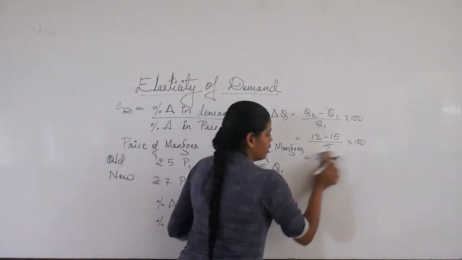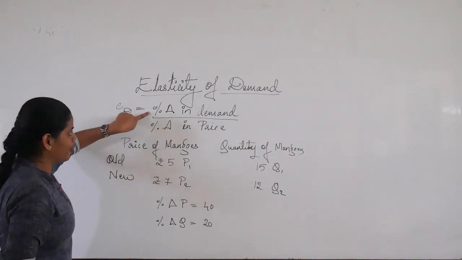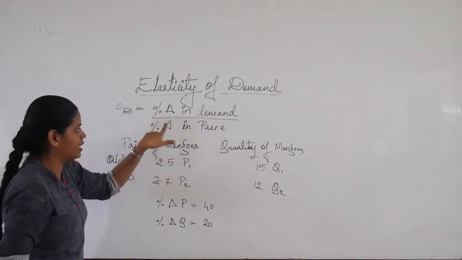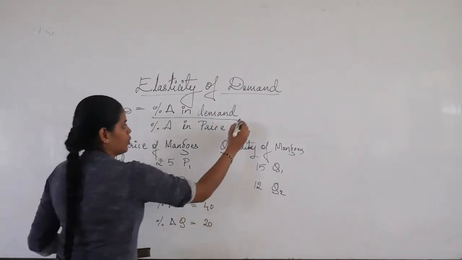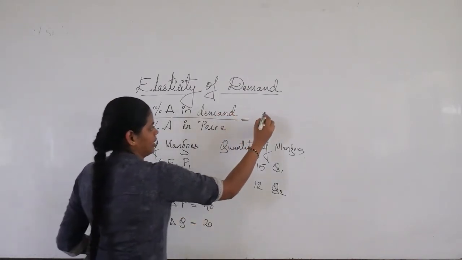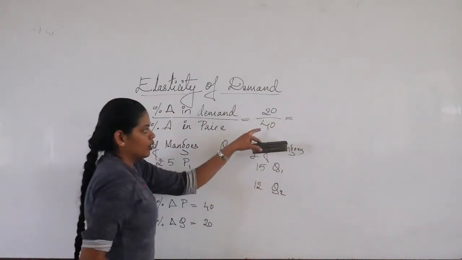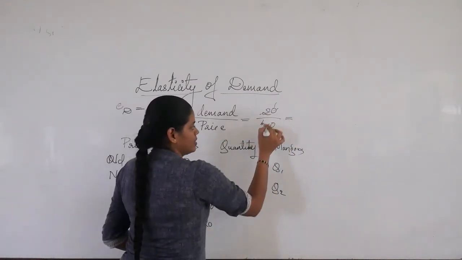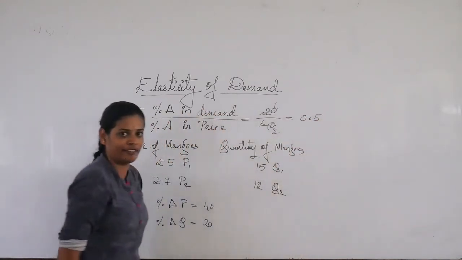Now, these answers we have got, see this is the formula, right? Percentage change in the demand divided by percentage change in the price. We have already got them here. So what is the percentage change in the demand? It is 20 divided by 40. If you divide it, this is nothing but a half, 0.5, right?